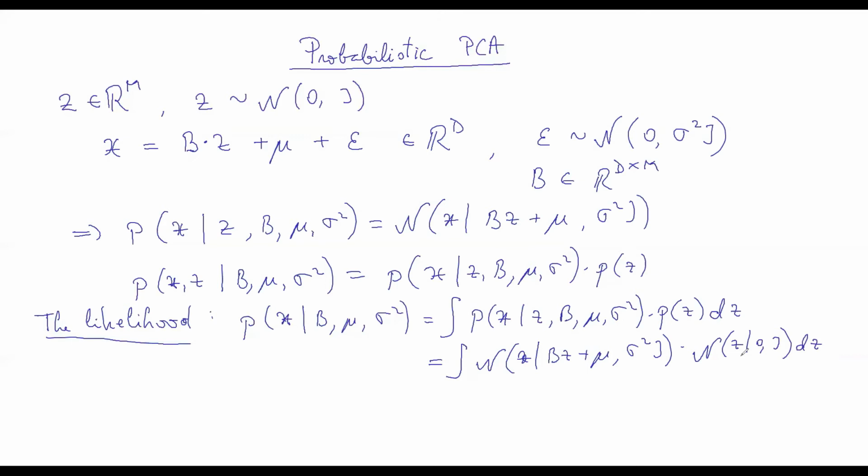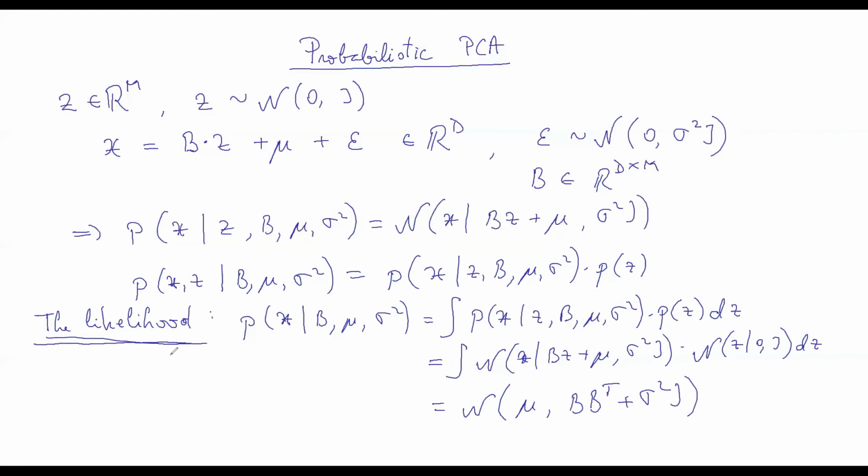This is something we have discussed several times before, also in the previous chapter. It turns out to be a normal distribution with mean mu and covariance BB transposed plus sigma squared I. These are calculations that we have done in previous lectures, and I'm skipping them here.